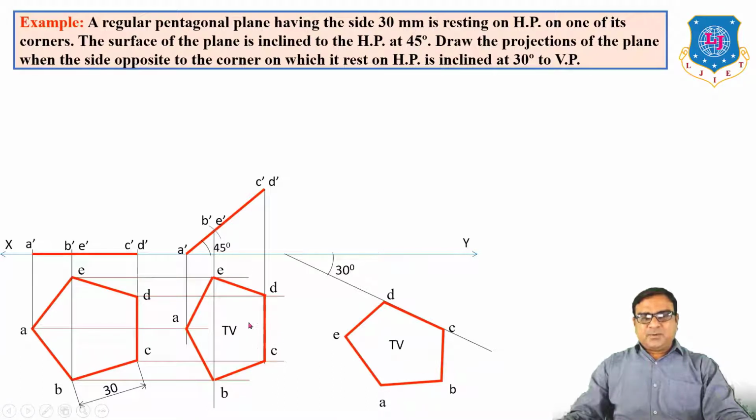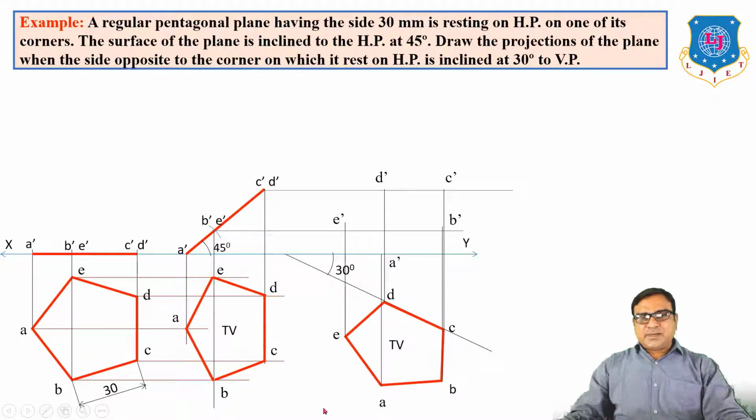The shape of both top views must be the same, but the position of line CD will be different. Now draw the vertical and horizontal lines from the top view and front view of the previous stage, and at the intersection of all points mark A dash, B dash, C dash, D dash, E dash, and join all the points. So we'll get the front view and top view of the required conditions of the projection of the pentagonal plane.